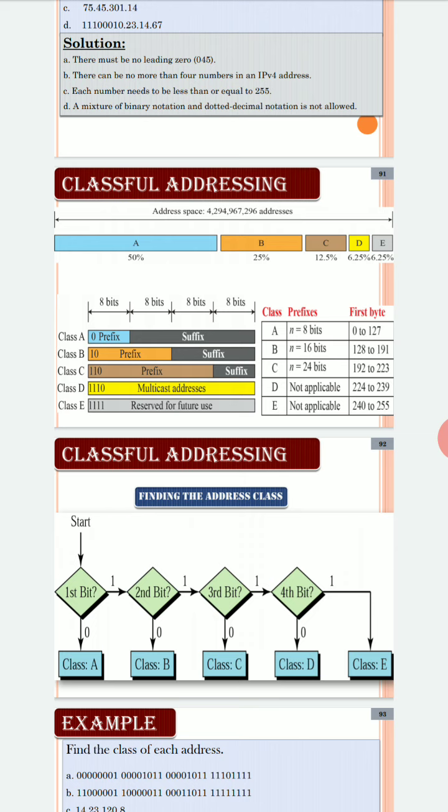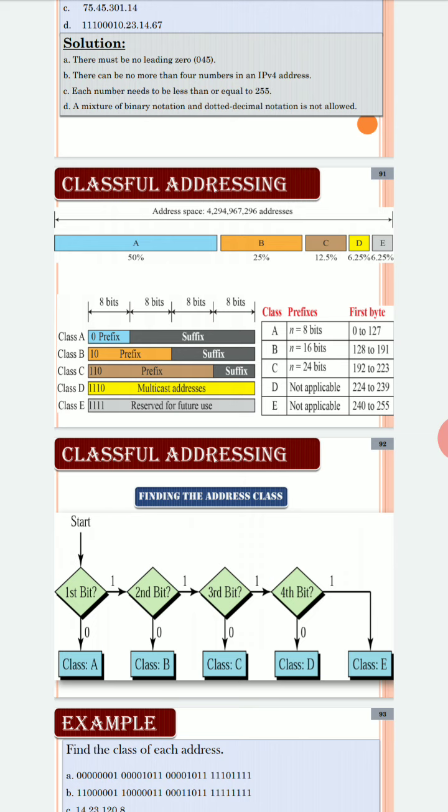Similarly, we have class D addressing. It does not have any prefix or suffix. It is used for multicast addressing, and the address always starts with 1110. Any address which begins with 1110 followed by the rest is a multicast address.